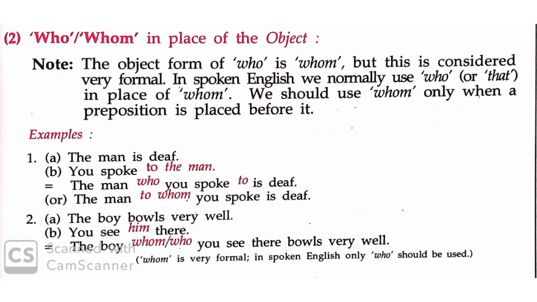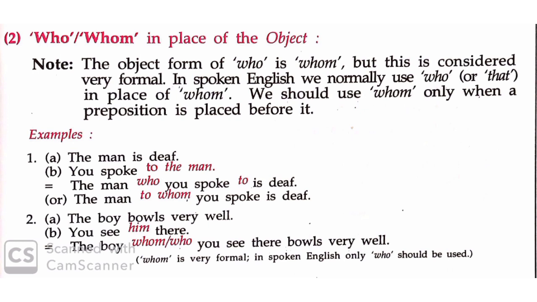We should use whom only when the preposition is placed before it. In last sessions we already learnt about interrogatives. There we learned that whom is used in formal English only. So here also it is the same case: when there is a preposition, then only we use whom.